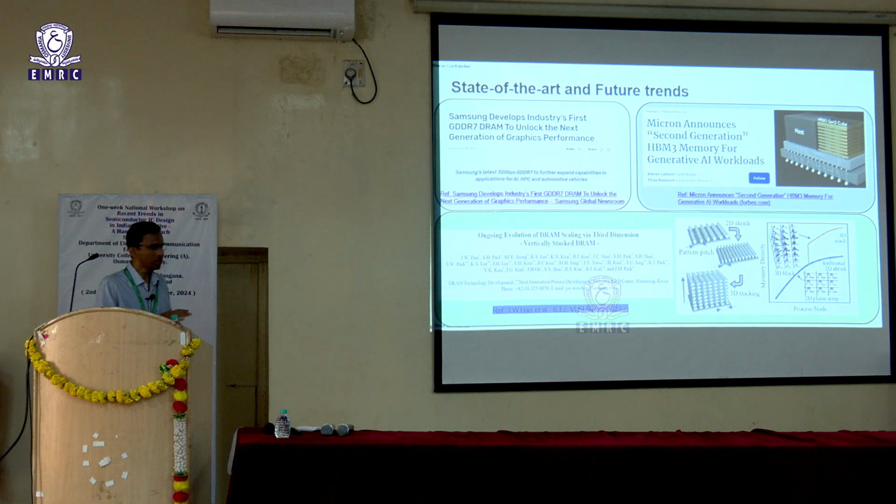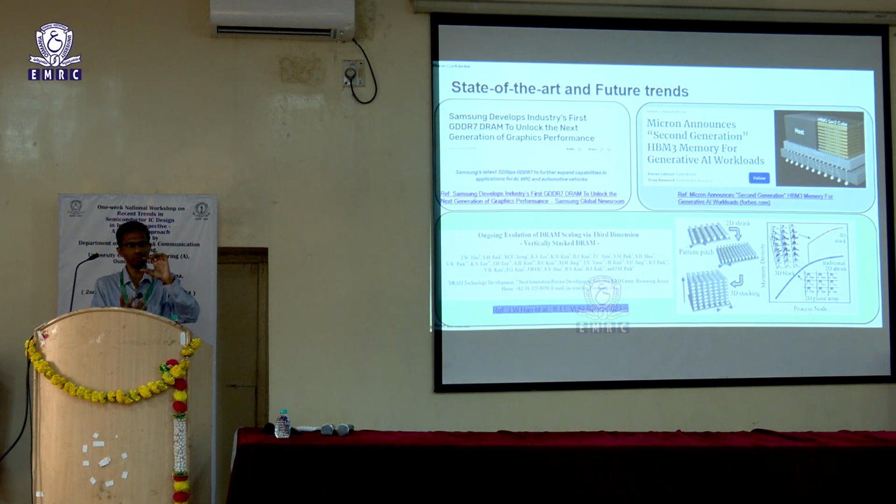And all this is so far planar. By planar, I mean you have 1T, 1C being constructed on one level of silicon. But going forward, there is a lot of effort on creating this as a 3D device, not the 3D stacking of HBM. So HBM 3D stacking is through silicon vias.